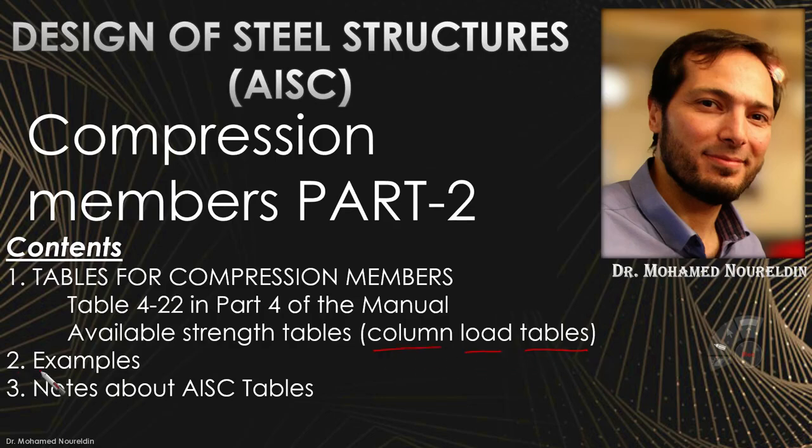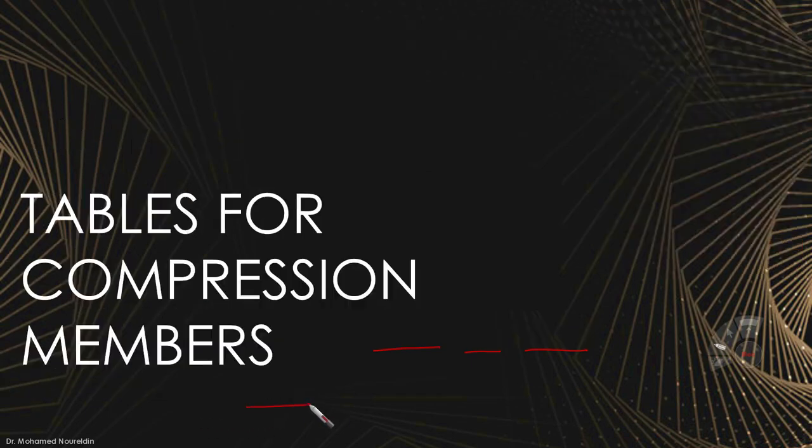And after that, I'm going to give a couple of examples, and then I'm going to wrap up with some notes about AISC tables in general. Okay, let's jump into the tables directly and see how we can understand them in general and how we can use them in our design.